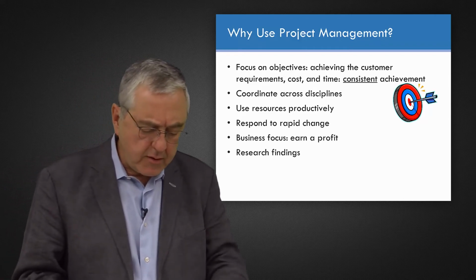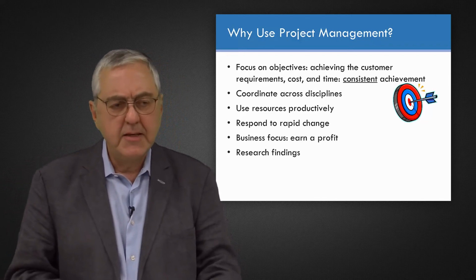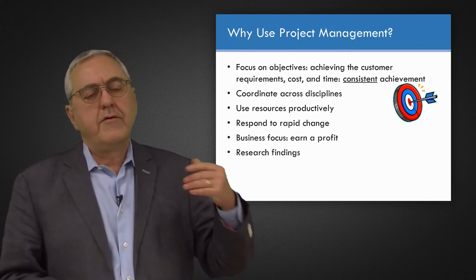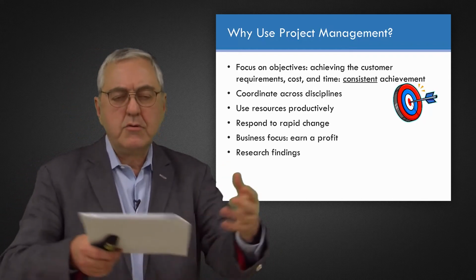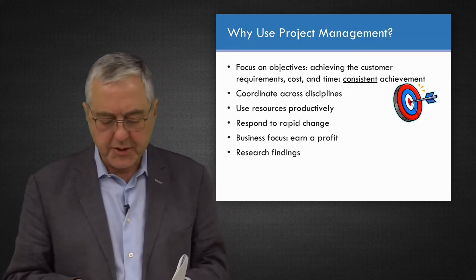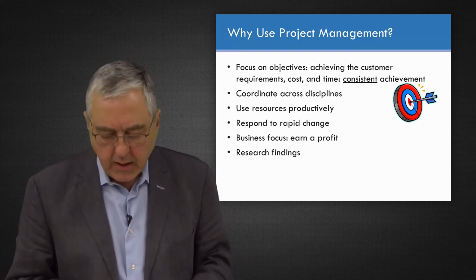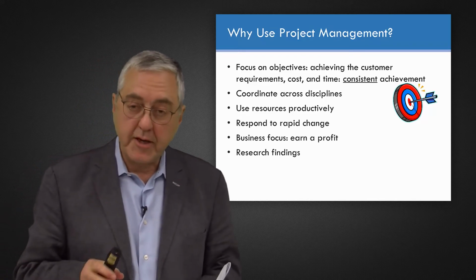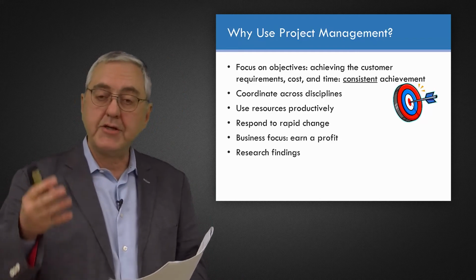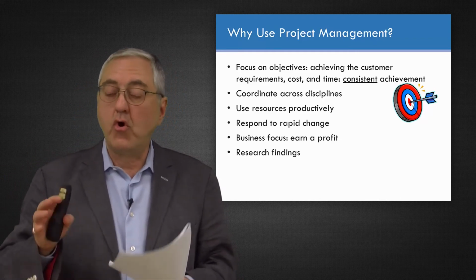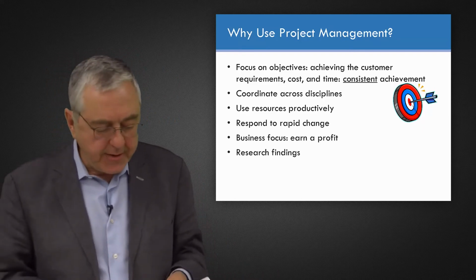Now, studies have shown that a high proportion of projects fail. Many of these studies are in information technology. Other studies broaden it out to construction and other kinds of projects. These studies define failure as significantly over budget by some percentage, significantly behind schedule by some percentage at the end, or don't meet requirements, or are abandoned during the project.